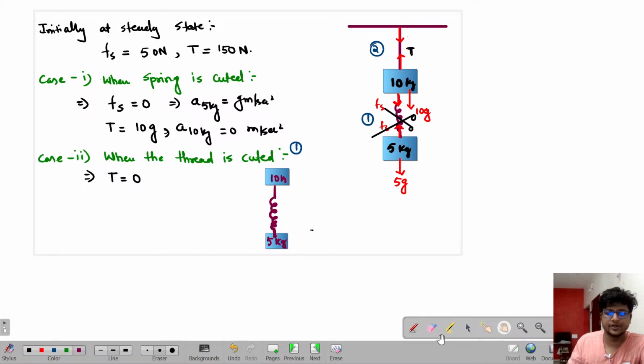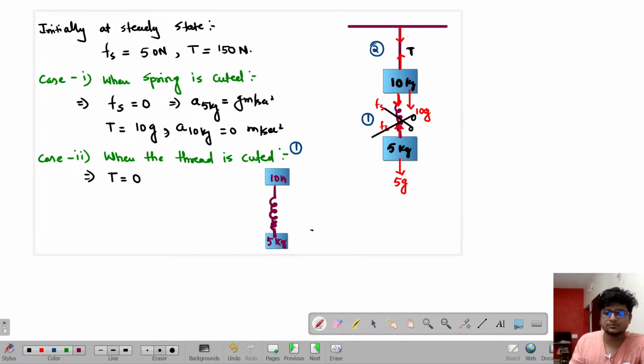This is how much? 5 kg. Then there is this spring force, there is this spring force, and this is how much? 10 kg. Correct.